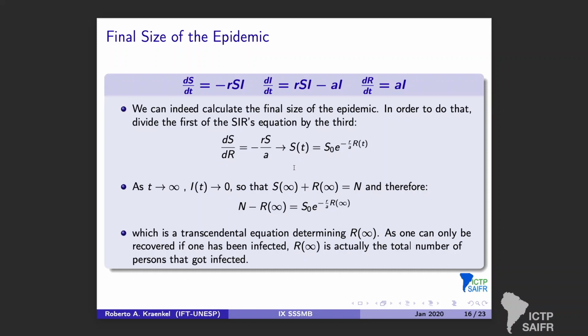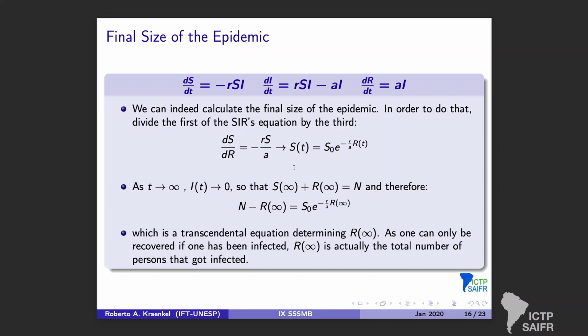So there's a famous plot of R in terms of the basic reproductive number, because you see the beta over A is R0. So it depends on R0 in the solution.